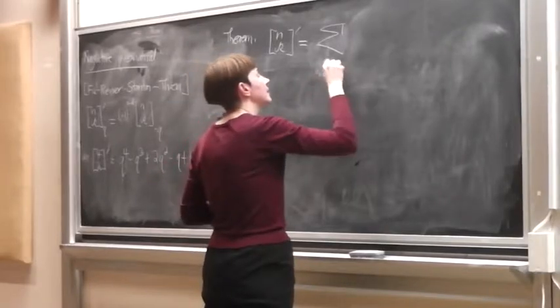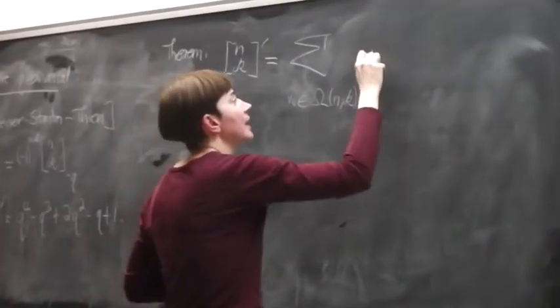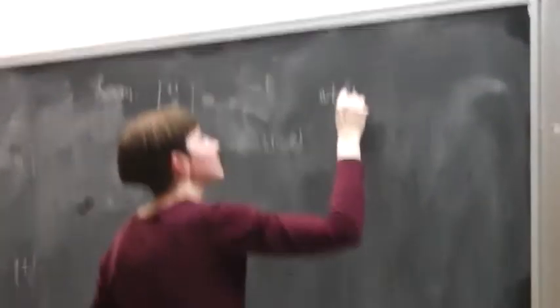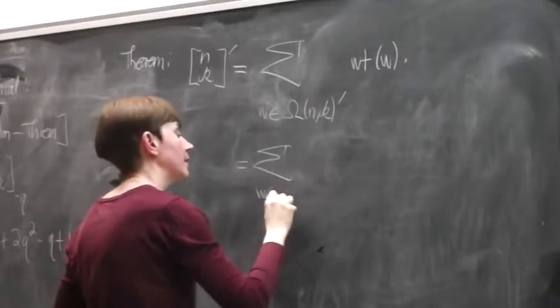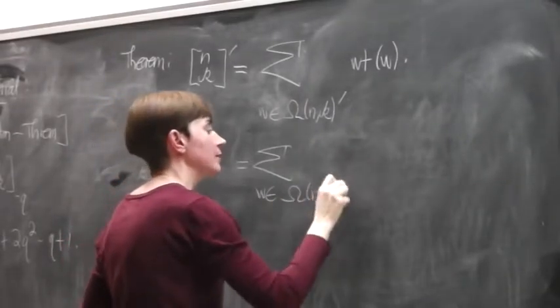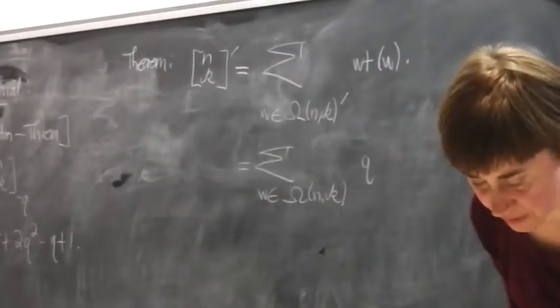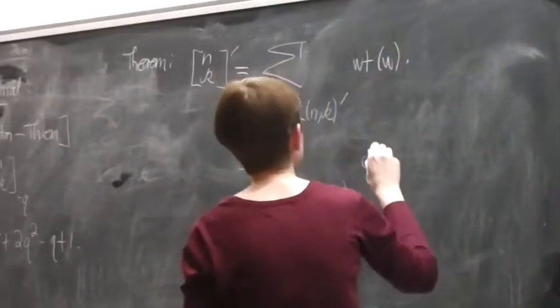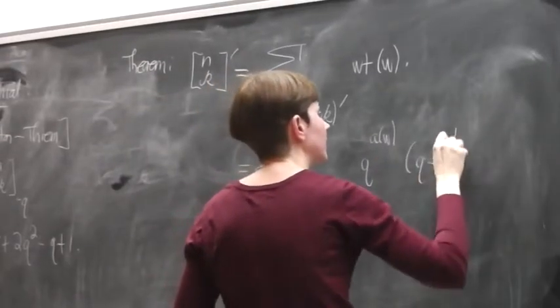They use omega and A prime, and they have some weight function. In particular, it looks like the following: q to the A of w, and then q minus 1 to the P of w.